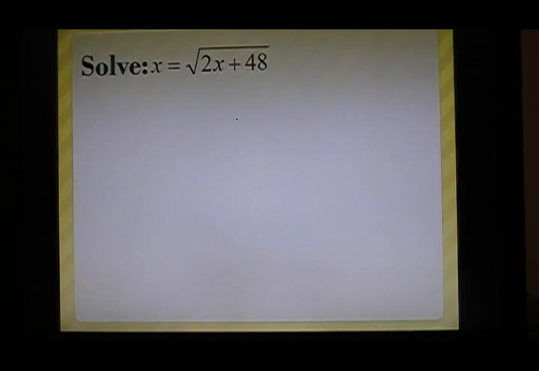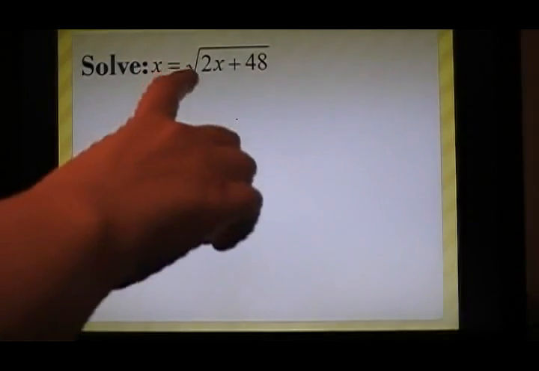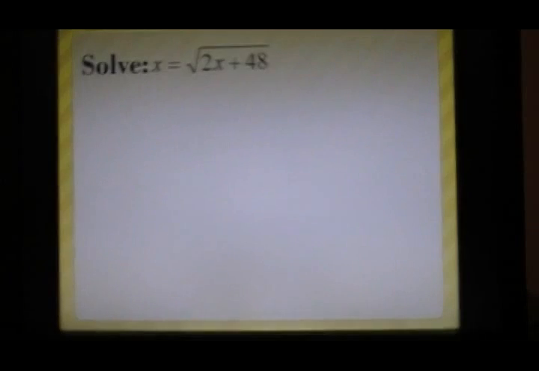When we're working with these radical equations, it's a radical equation because my variable is under this square root. What we do to eliminate that square root is we square both sides. That's what we say that we do.